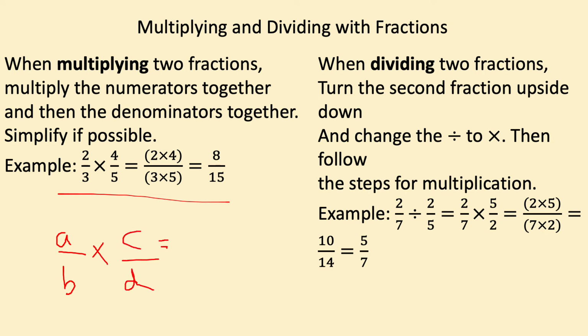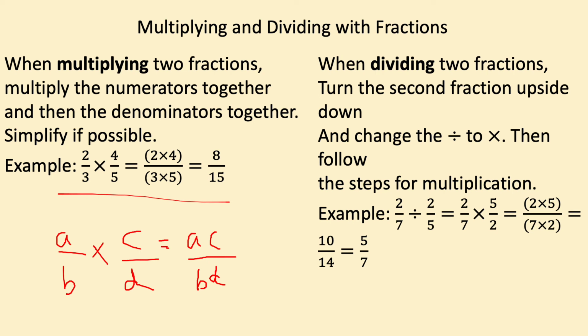That is all it is. Provided, of course, that B or D isn't 0, because I can't divide by 0. And then when we divide fractions, turn the second fraction upside down, change the division to a times, then follow the steps for multiplication.